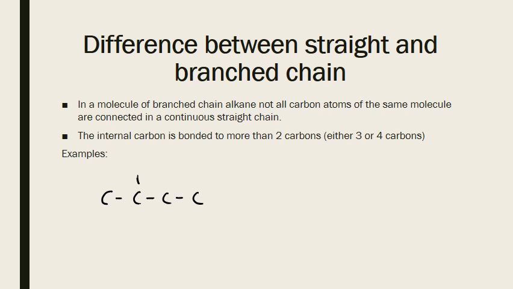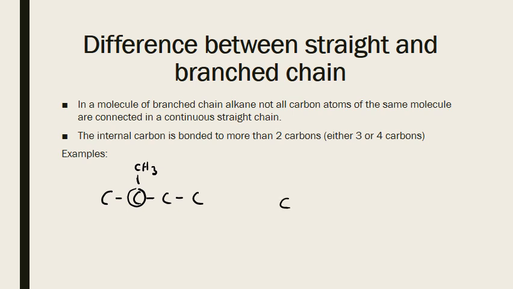If I put a methyl group on the second carbon, you can see that this carbon is bonded to 1 carbon, 2 carbons, and 3 carbons. This is now known as branched.